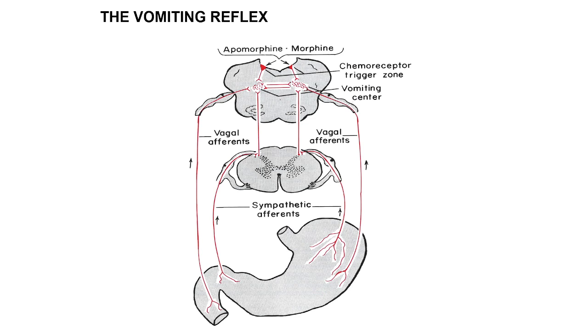But to make this coordinated, and to protect the nasopharynx, the larynx and trachea from the acidic content of the stomach once this backward peristalsis is happening, there are also coordinated contractions of the soft palate to seal the nasopharynx.